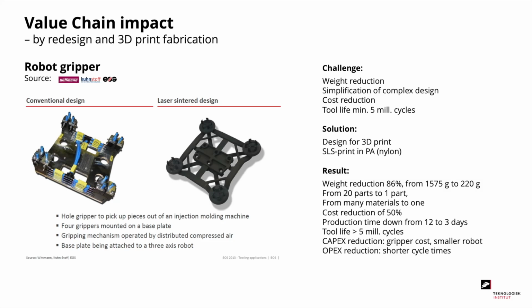The capital expenditure was reduced both because the gripper cost was less and a smaller robot could be used, and the operating expenses were also reduced because of the shorter cycle times that were achieved.